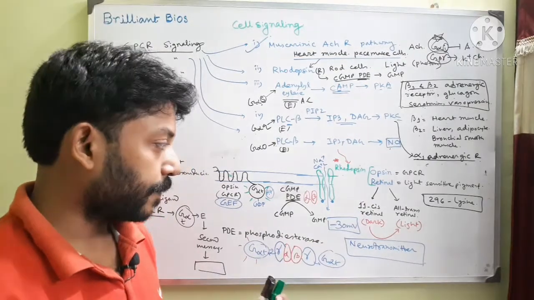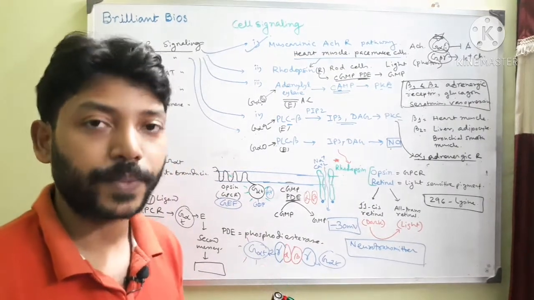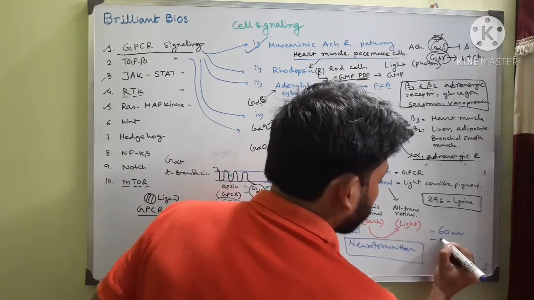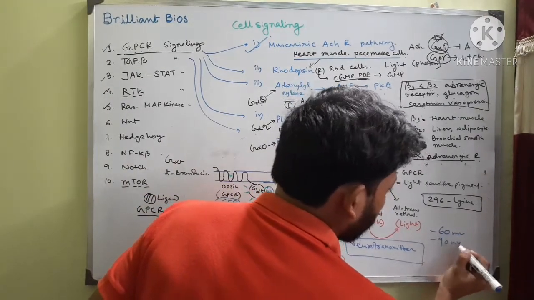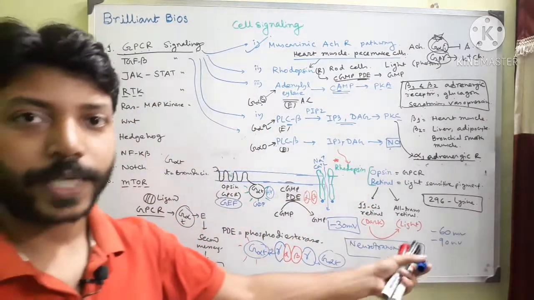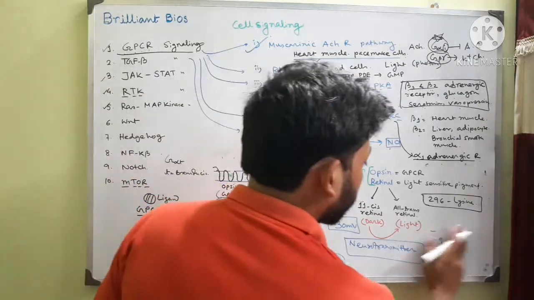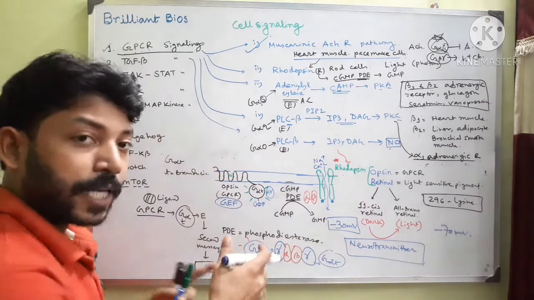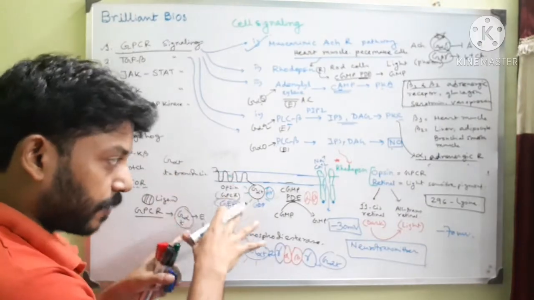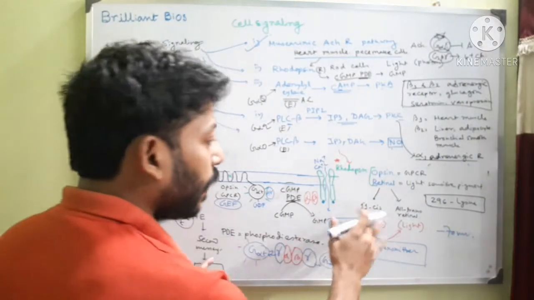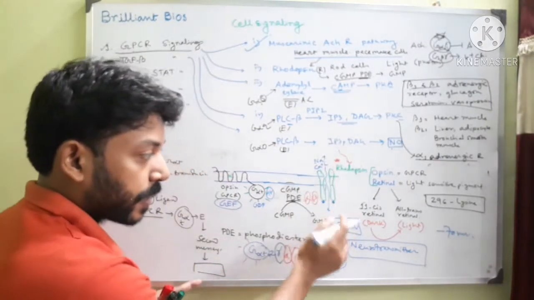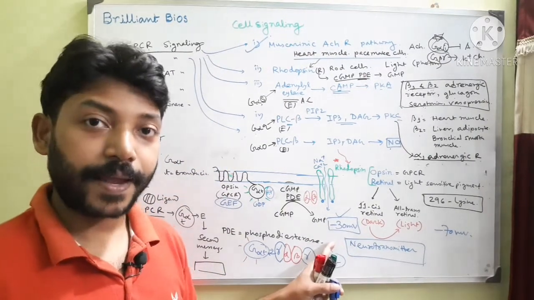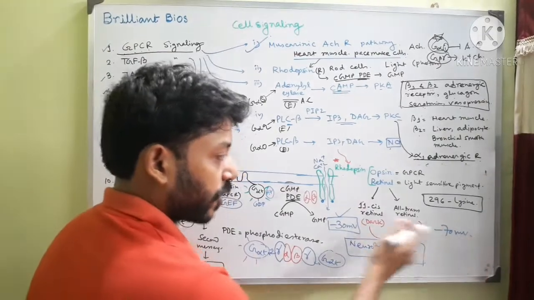As you know, every cell has a resting membrane potential. The range is minus 60 millivolt to minus 90 millivolt in many cells, like neurons. Approximately, you can say the resting membrane potential is minus 70 millivolt. Now you can see, in darkness, when no light falls on this opsin, the channel is open and sodium enters, and the potential of the membrane becomes minus 30 millivolt, which is quite high compared to the resting membrane potential.